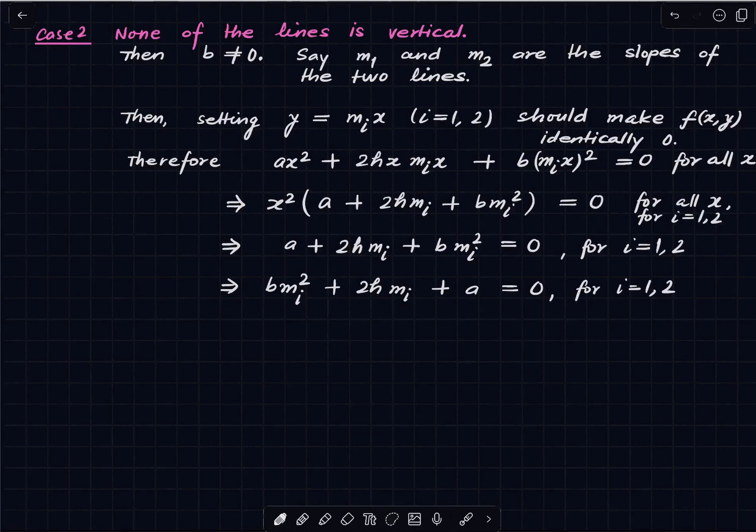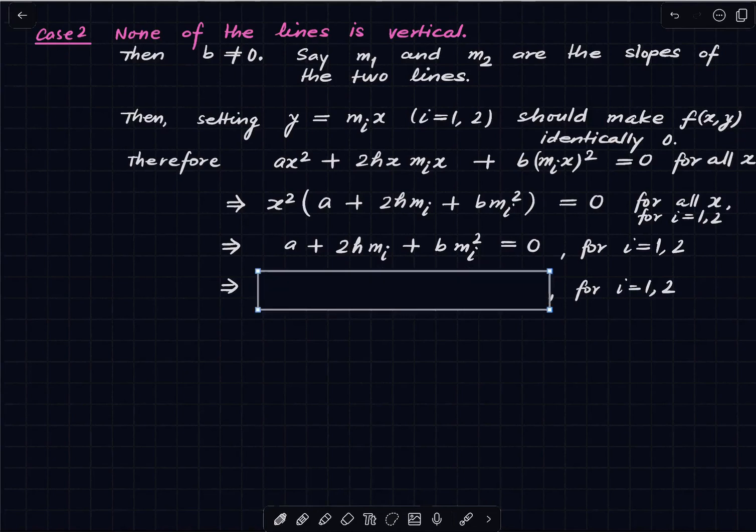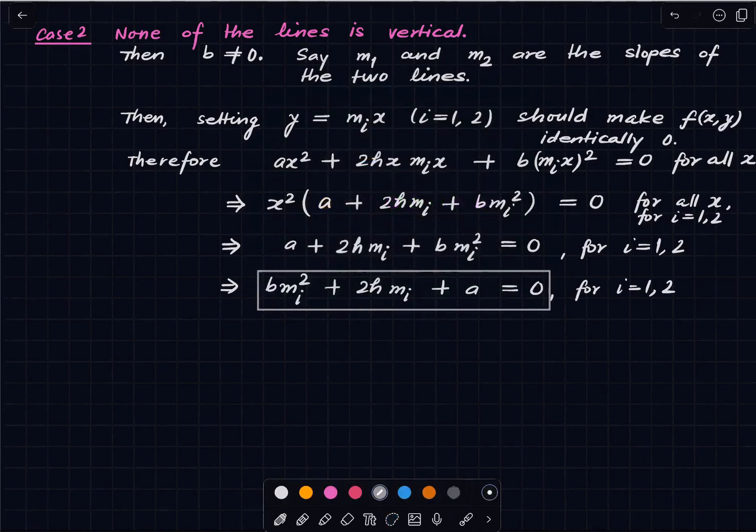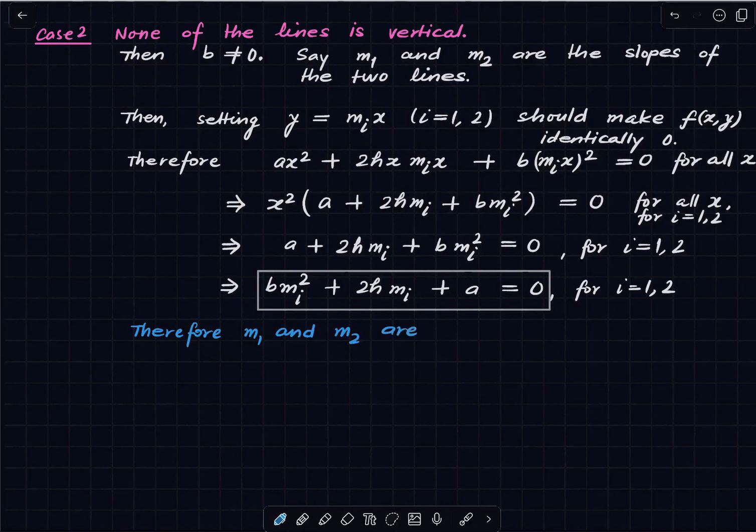Okay. So just look at this for the moment. Yeah. So looking at that, we see, this is the punchline actually. So therefore, m1 and m2 are two distinct real roots of this equation.